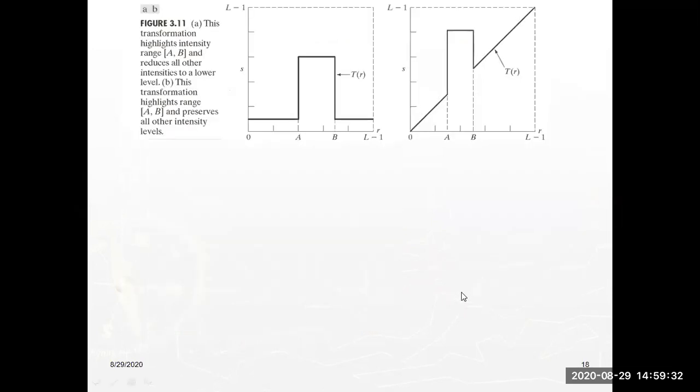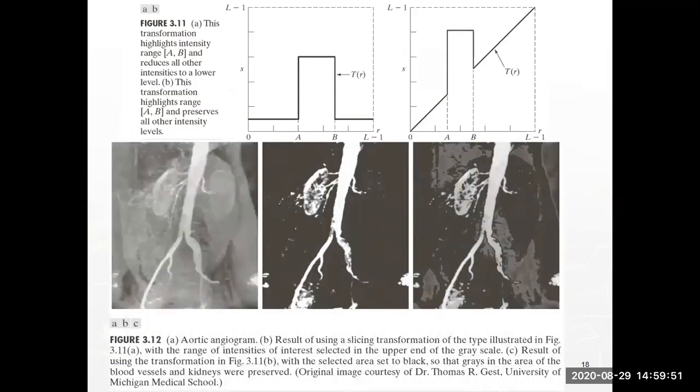And this is another transformation, a range transformation. We are specifying a particular range A to B. White becomes more white, black becomes more black, and the image looks like this. But in the second case, only the required parts are highlighted, and the remaining parts stay as usual.